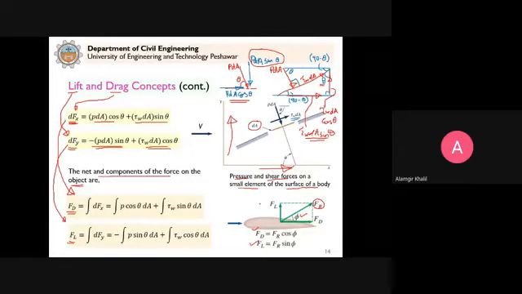resultant force. So now we studied that whenever a body is moving through a fluid, or when a fluid moves past a body, two forces are acting. One is known as the drag force, which is parallel to the direction of the motion, and the second one is the lift force, which is normal or perpendicular to the direction of motion.